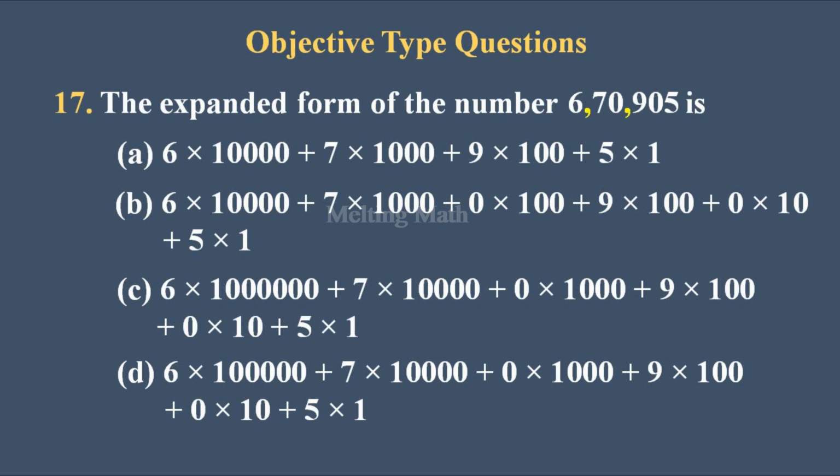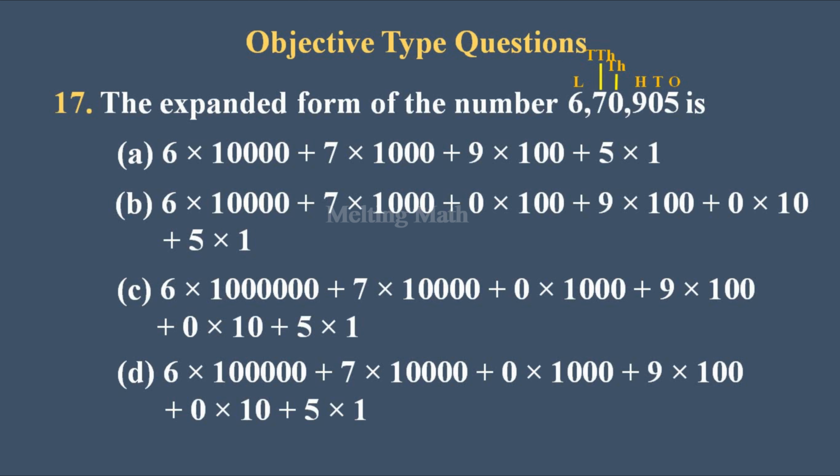So we write the places of each digit according to the Indian system. The last digit 5 is in the ones place, next tens, hundreds, thousands, ten thousands, then lakh. Now we expand this number. The first digit, 6, is in the lakh place, so write 6 and multiply with lakh. Lakh means there should be 5 digits of 0.